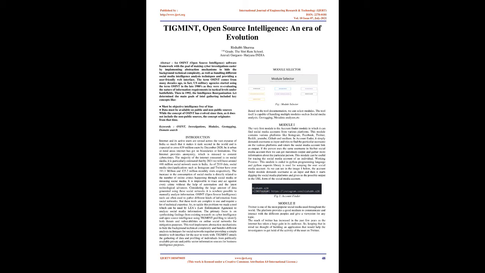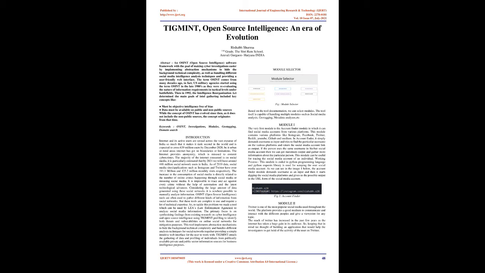OSINT, open source intelligence, tools are often used to gather different kinds of information from social networks. But these tools are complex to use and require a lot of technical expertise. So, to tackle this problem, we made a tool which can be used by law enforcement agencies to analyze social media information.